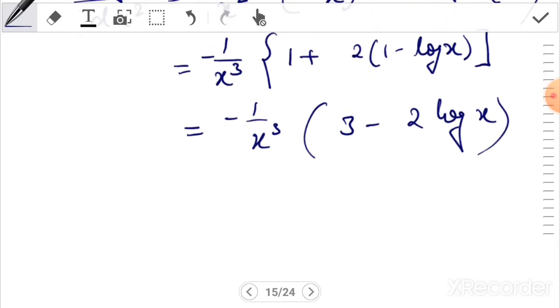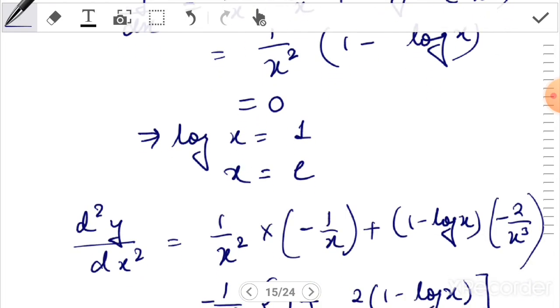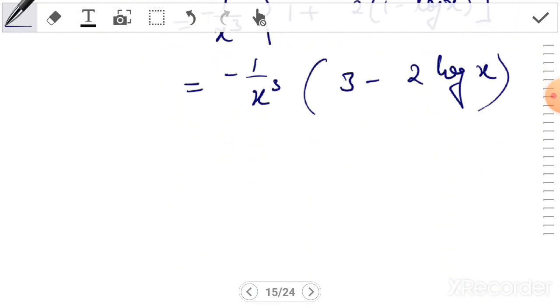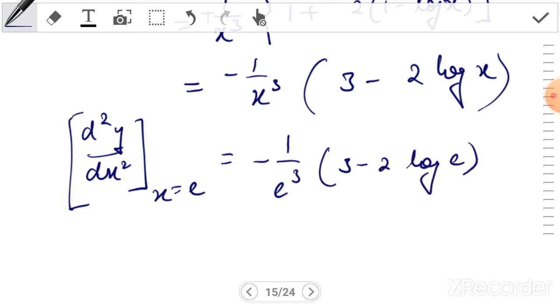Now, since x is equal to e is a stationary point, put x is equal to e in d square y by dx square. Put x is equal to e, so you will get minus 1 by e cube into 3 minus 2 log e. So log e is 1.